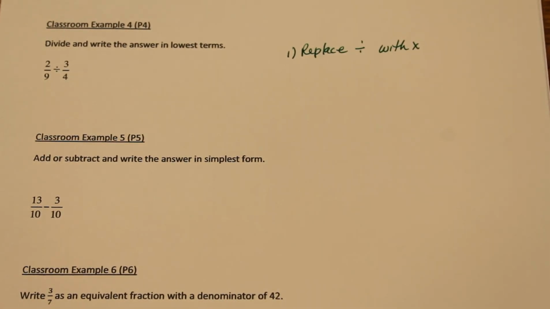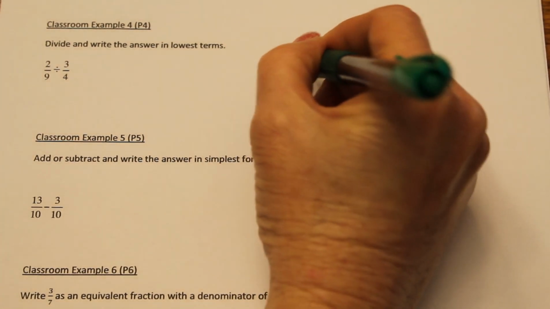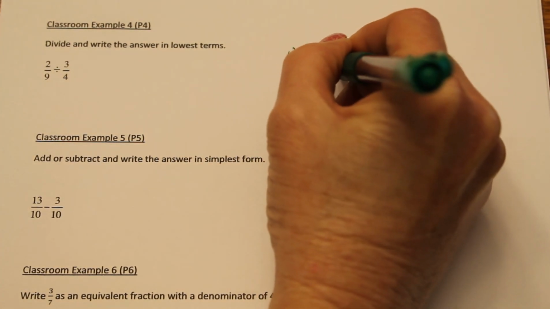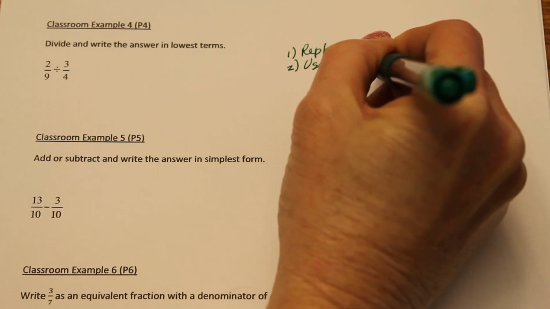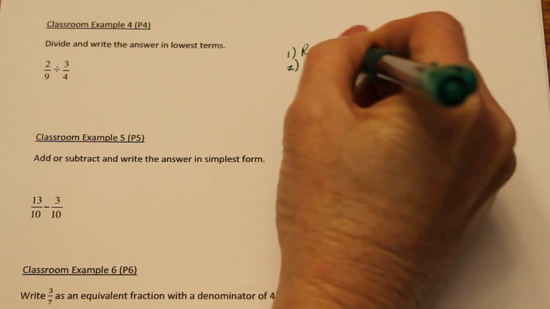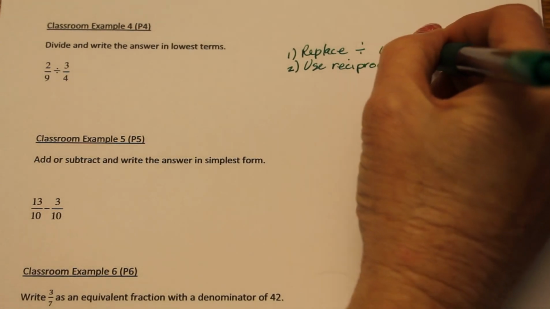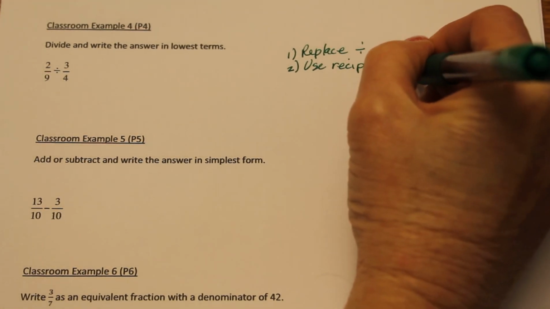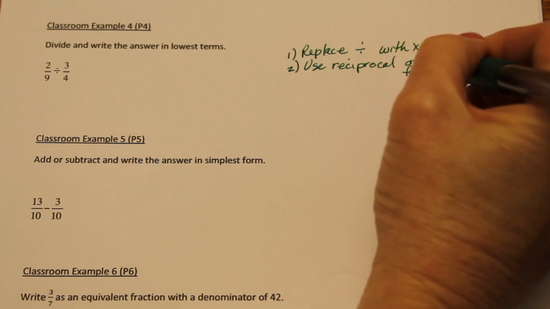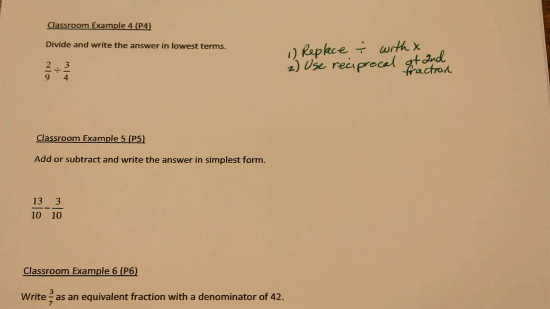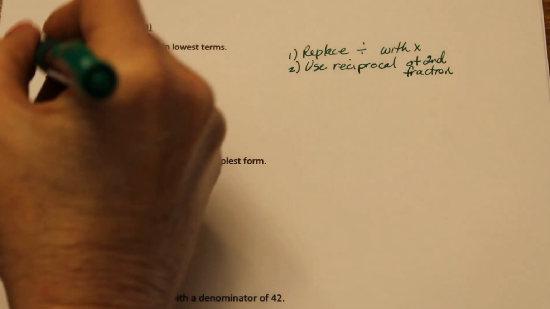I'm using X for multiplication. And second, you use the reciprocal. In other words, you swap numerator and denominator of the second fraction. So you change every division problem into a multiplication problem.